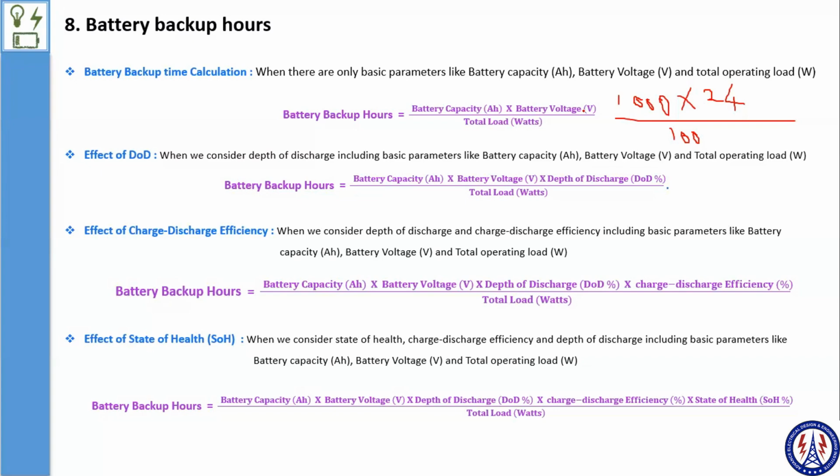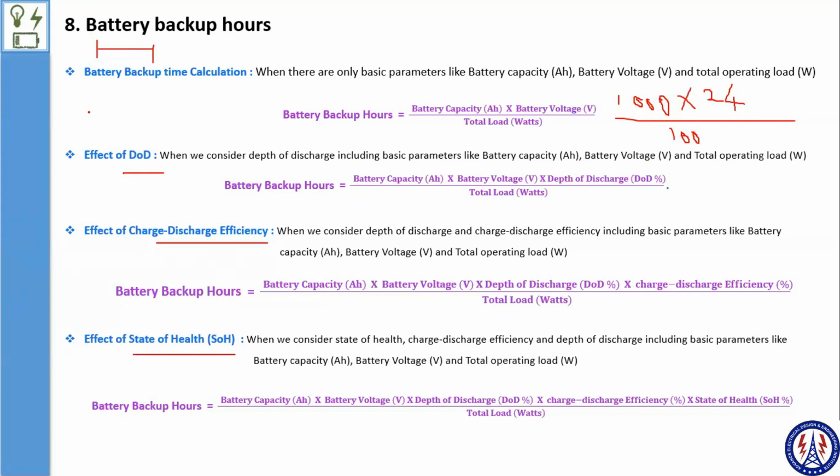Now just mark the numbers over here and correlate how the impact is happening. Theoretically you have the same battery pack, but the impact of your DOD, impact of your charge discharge efficiency, impact of your SOH is drilling down your overall backup hours, right?